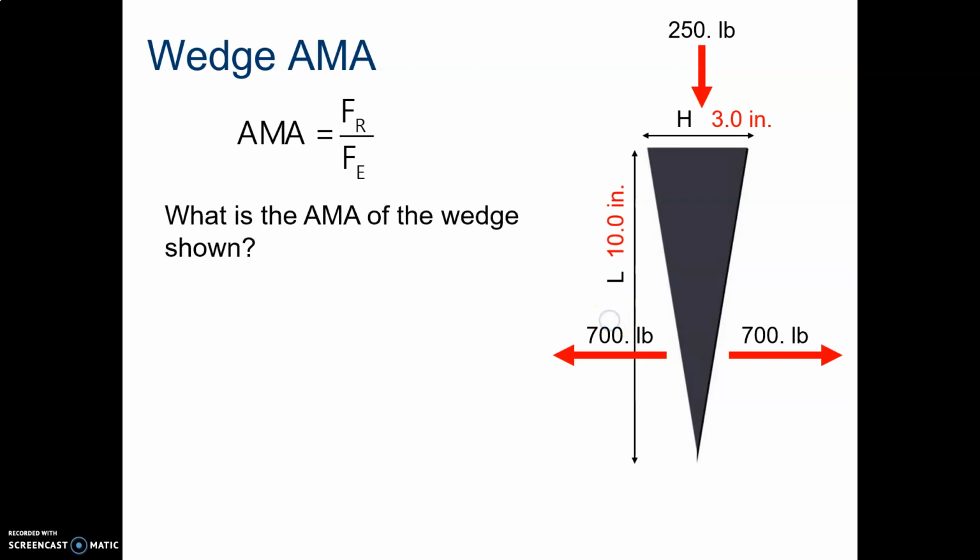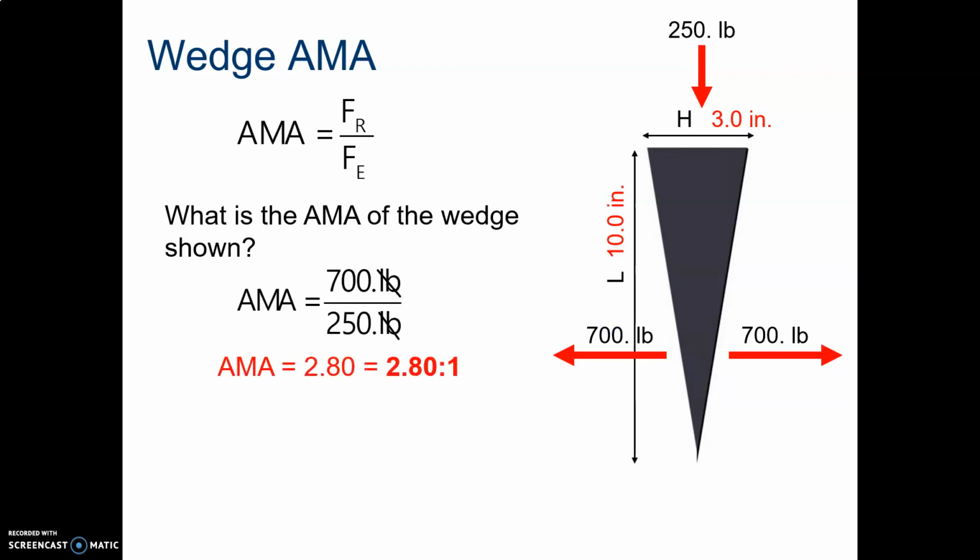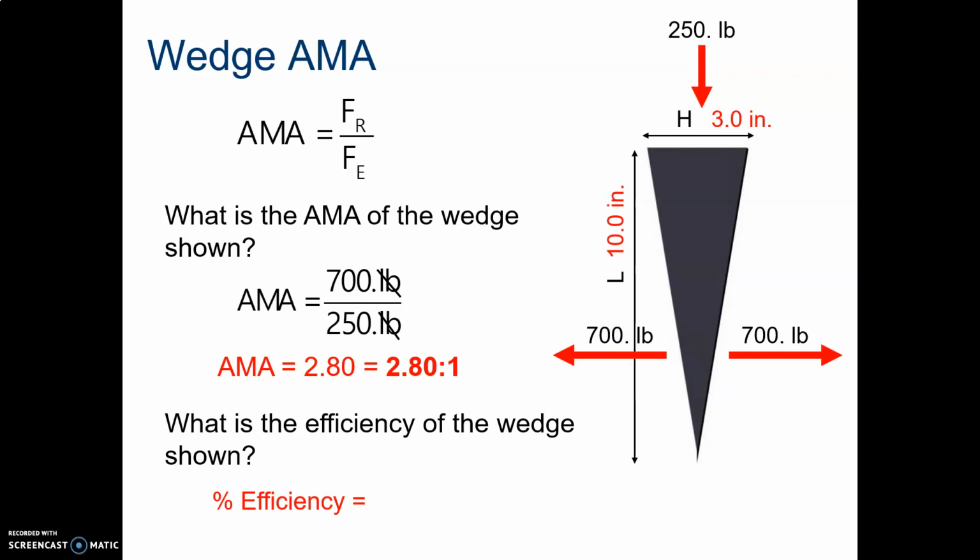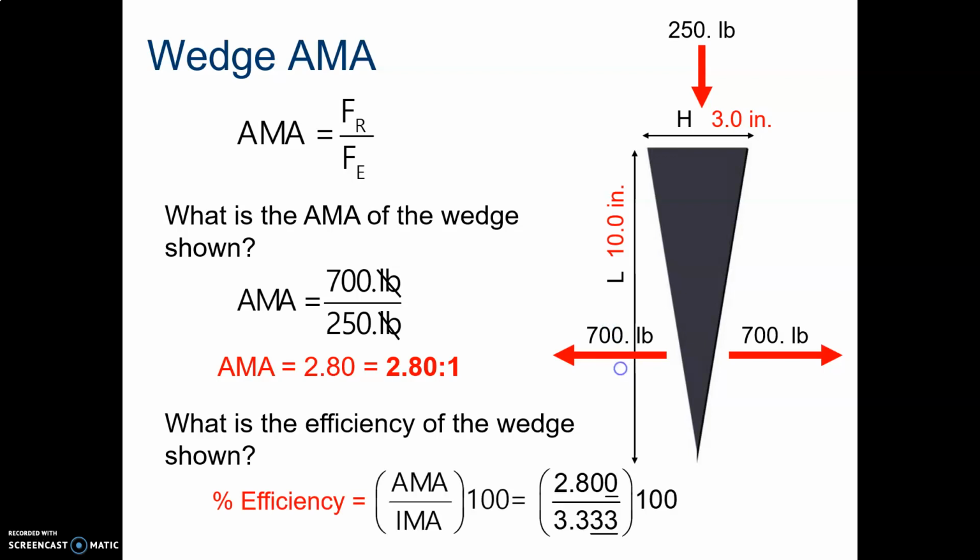So to find the AMA, it would be 700 pounds divided by 250 pounds. The pounds cancel, so we have 700 divided by 250. So the AMA is 2.8. So the efficiency of this wedge would be the AMA 2.8 divided by the IMA, which was 3.3, and then you multiply by 100, and we get 84% efficient.